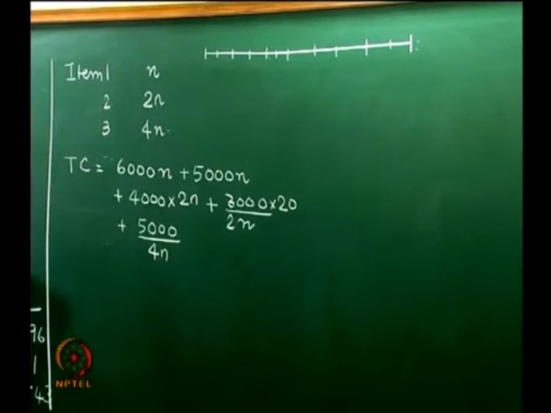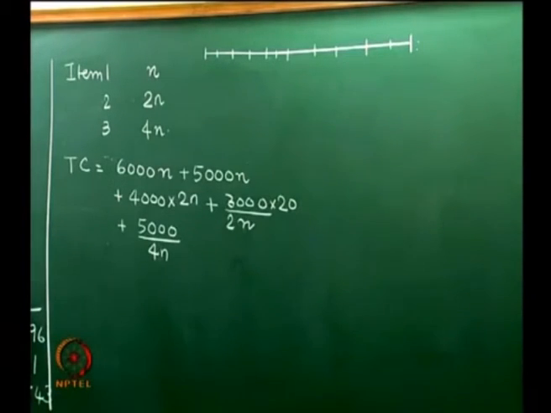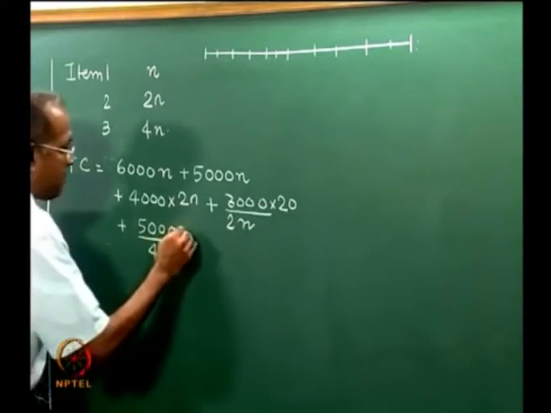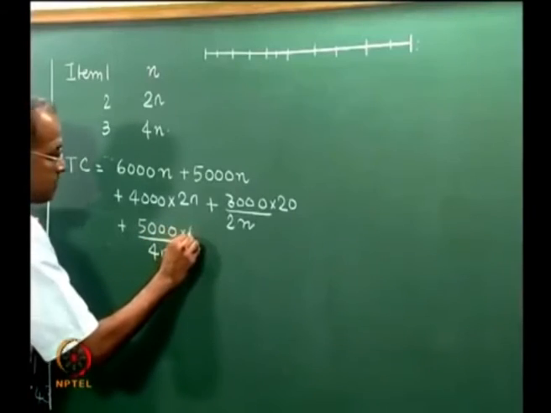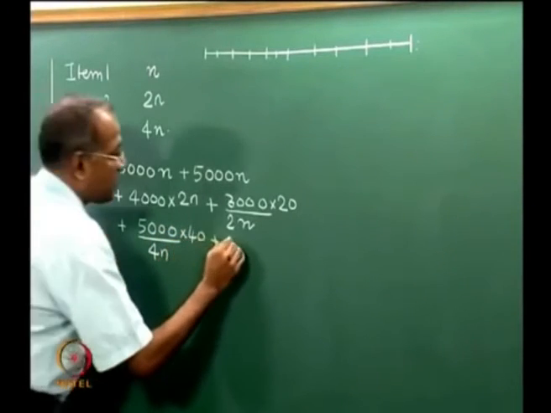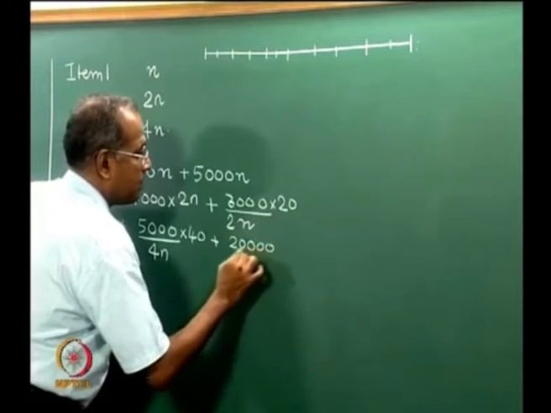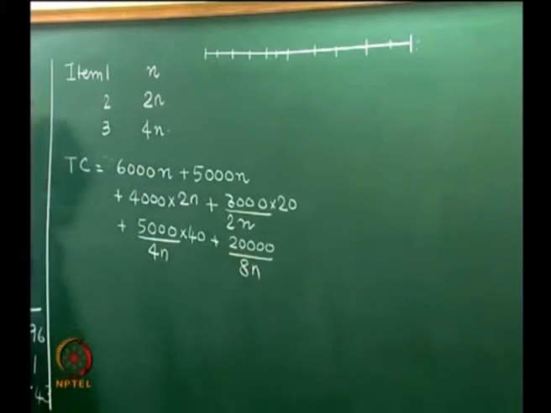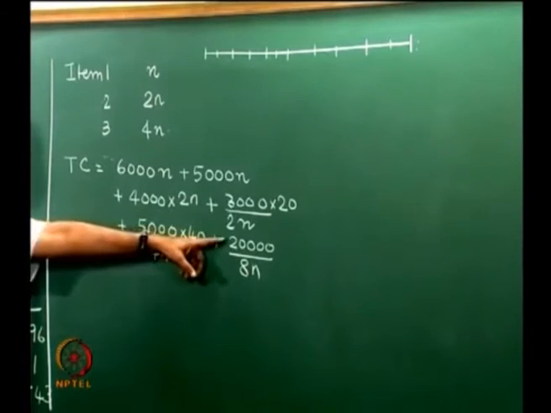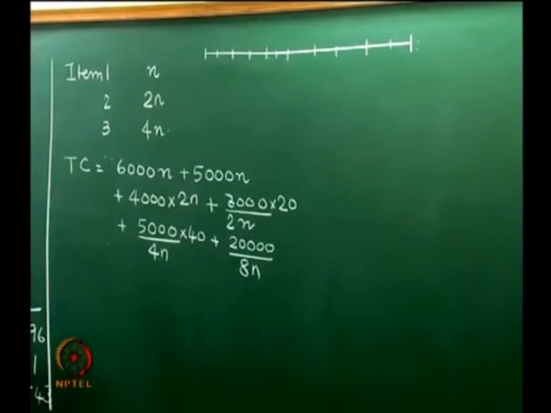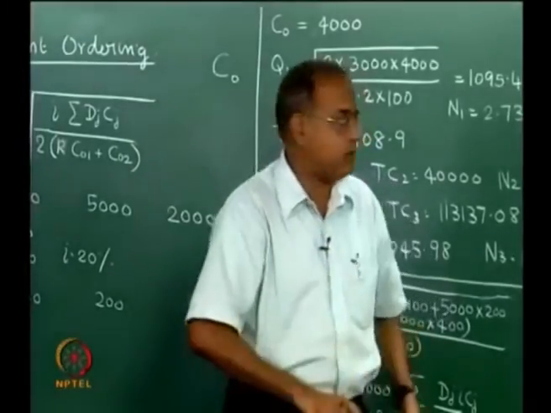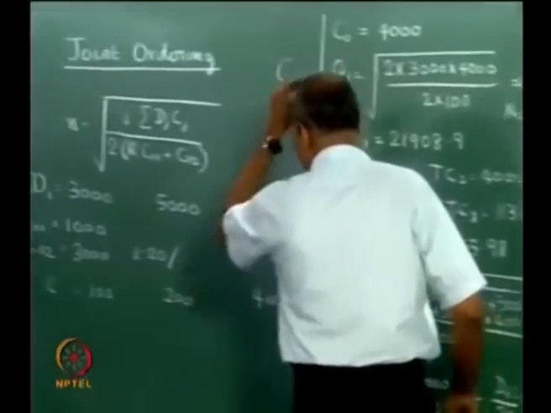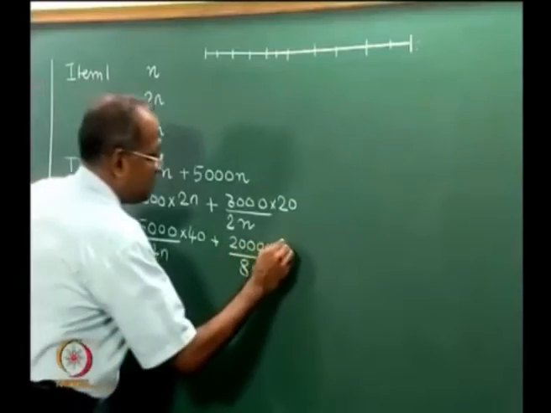So 5000 by 2n is Q, and Q by 2 is 5000 divided by 4n into Cc, which is 20% of 200, which is 40, plus 20,000 divided by 8n. The 8n comes because demand is 20,000, there are 4n orders. So 20,000 divided by 4n is Q, that divided by 2, Q by 2 into 0.2 into 400, which is 80.